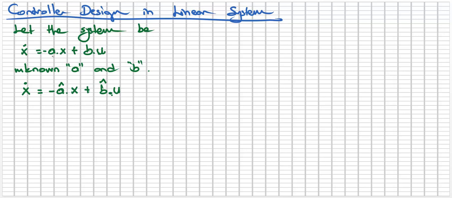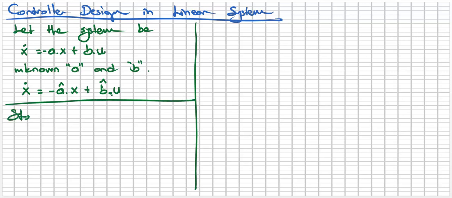Because we don't obtain these a and b values, okay? And then after that, we should define the reference tracking problem, or we should give the stability rule in here, okay?